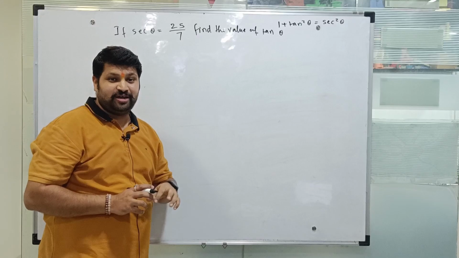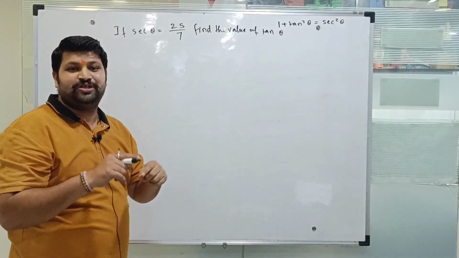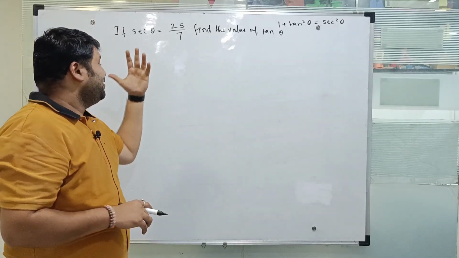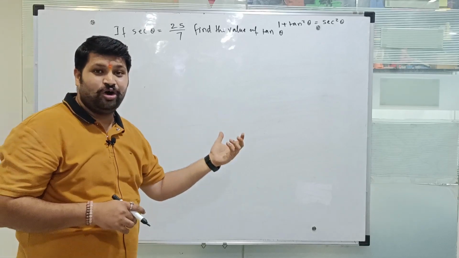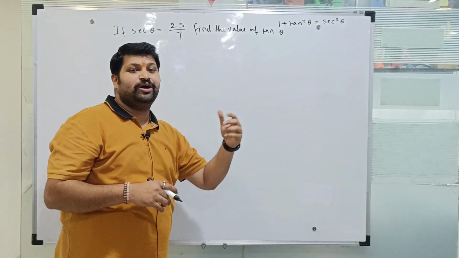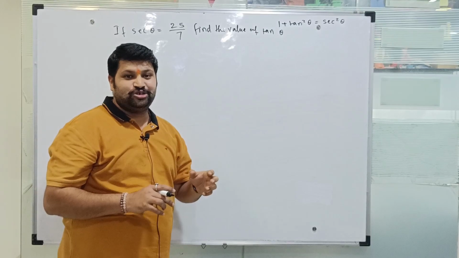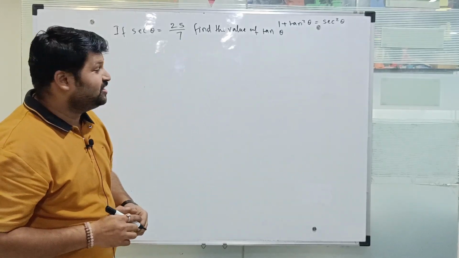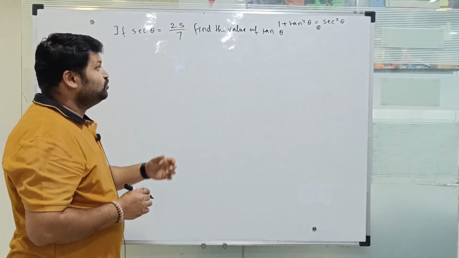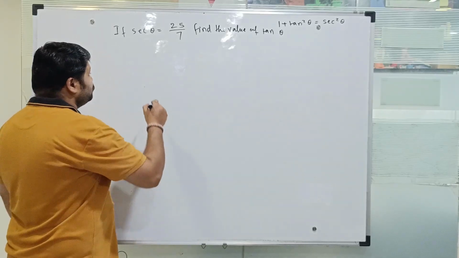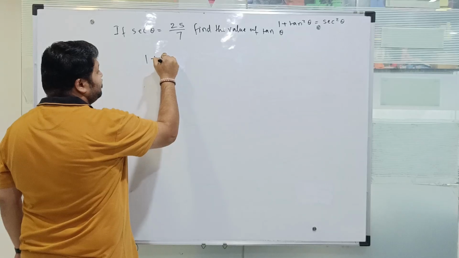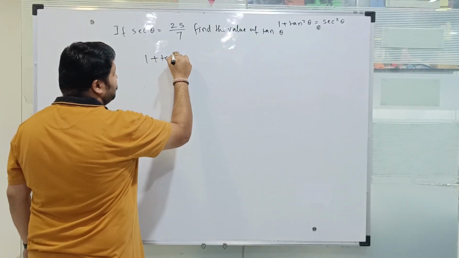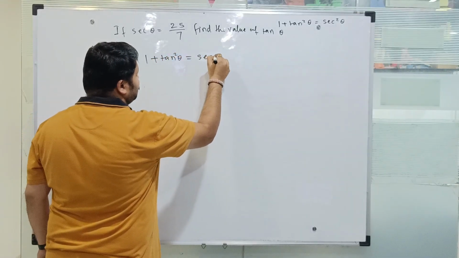Prior to this, we used to draw the triangle and then find sine, cos, and then go ahead and actually find the value. However, we can directly find the value of tan theta using the identity. So the identity is 1 plus tan square theta is equal to sec square theta.